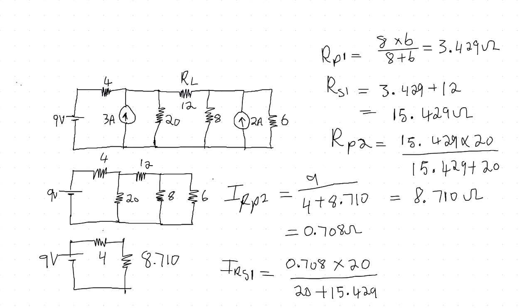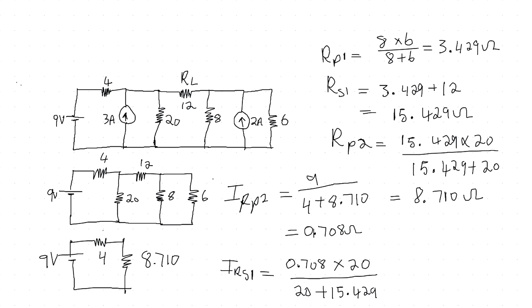This is an alternative way. I can do it manually by starting with the RP2 and then the 20 ohm, and then using the voltage divider. But I'm just applying the current divider rule because it's an alternative way of getting the current through my RS1. Normally, it is important to label your resistors because it tells you how they are connected.